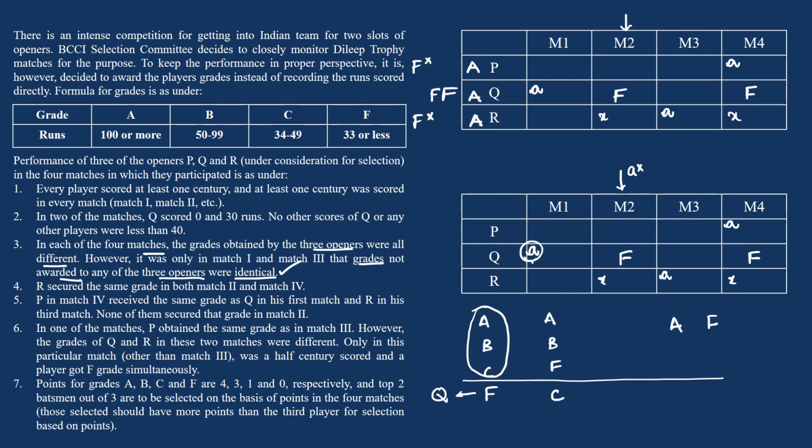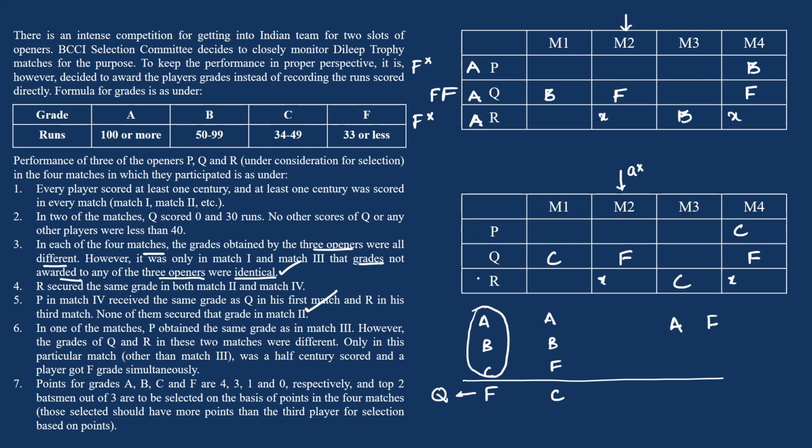So this should be either B or C. So let me assume this to be B. So this is B, this is B, and this is B. In another case, if this is C, this should be C, and this should be C. Clear? Now R secured the same grade in both match 2 and match 4. So we have considered this.